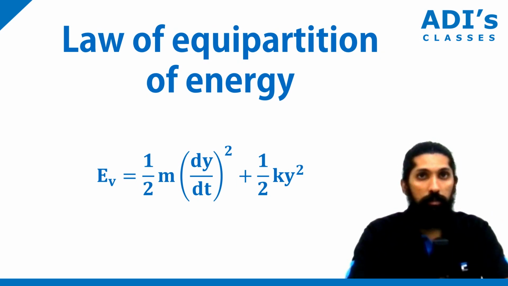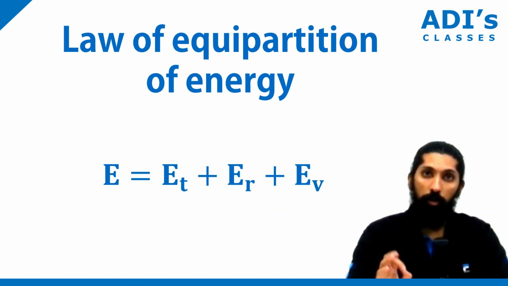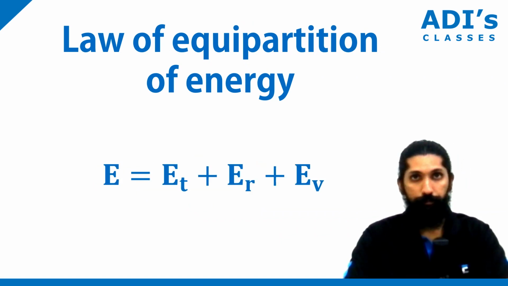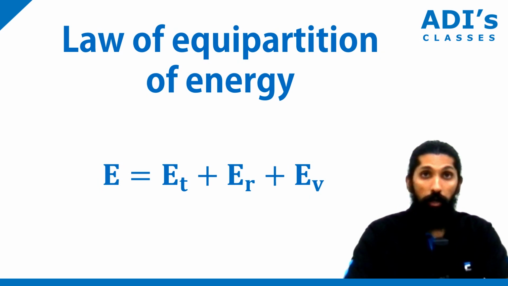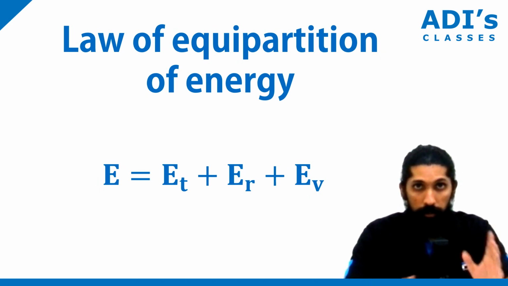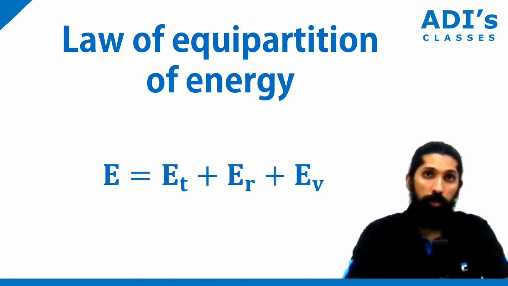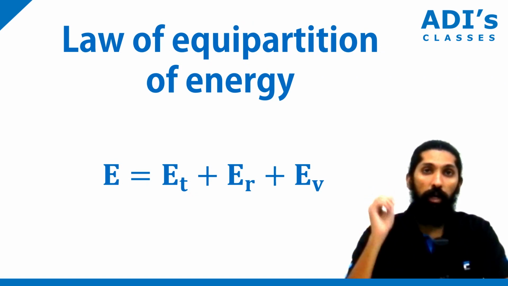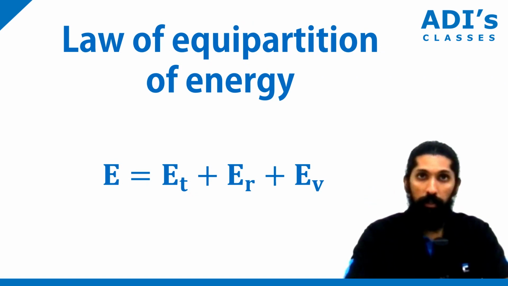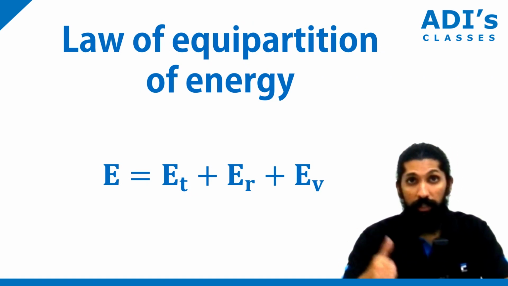The total energy is going to be the summation of all three: translational, rotational, and vibrational. Understood? When you look at these three types of motions, we also see that there is a quadratic equation here, the vibrational having the highest degree, translational having the least.